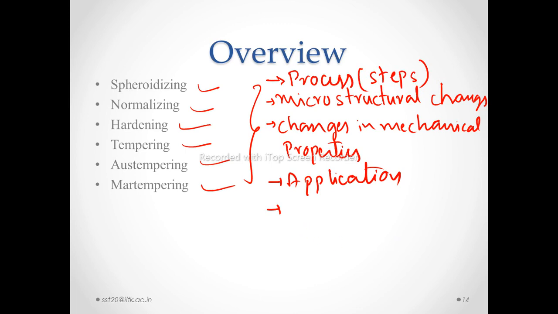This is a complete overview of heat treatment process in steel part 2.